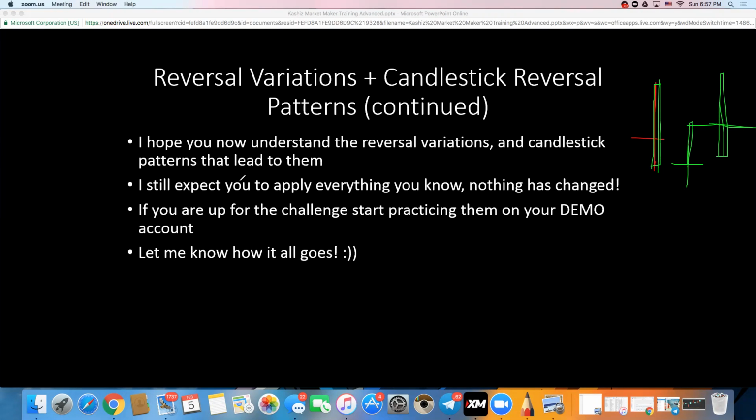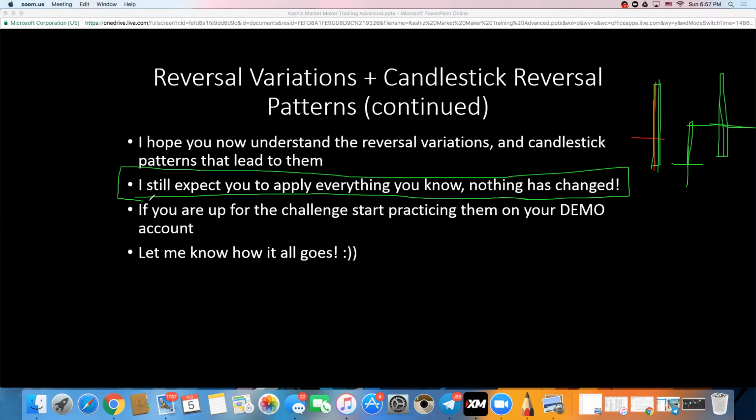I still expect you to apply everything you know. Nothing has changed. Just because you now know about the candlestick formations doesn't mean to go and start taking them just because. It requires a lot of practice and a lot of screen time. Now you will start seeing them and you will know what I'm talking about.